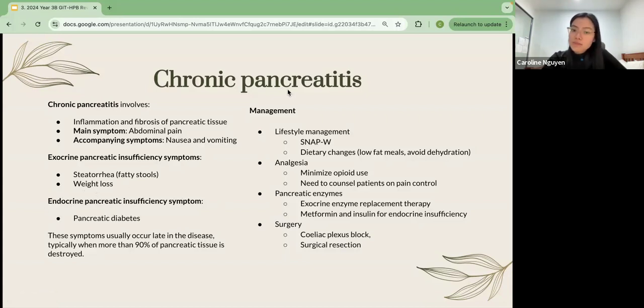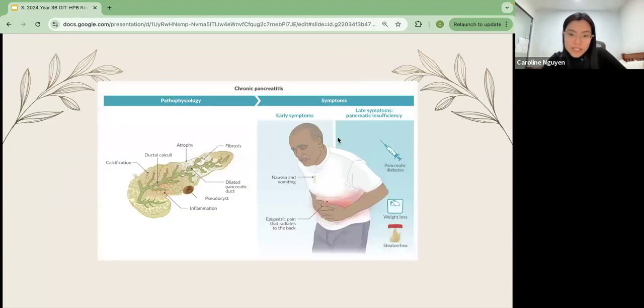The unfortunate thing is to manage it, we can only replace the enzyme therapy. We can't do anything else. And then we just do symptomatic and lifestyle management as well. Chronic pancreatitis results in nausea and vomiting, like acute here as well. It's just the chronic weight loss as well.